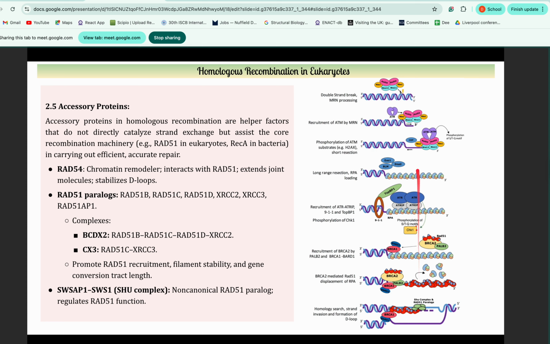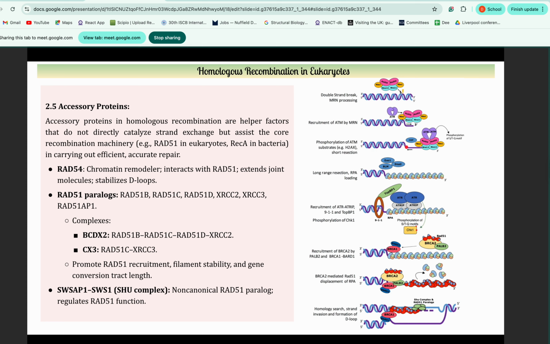Okay, so this is the entire pathway of double strand break repair by homologous recombination, which we have seen so far, and how it starts with, first of all, recognition of the double strand break by MRN, then it will recruit ATM kinases, which will phosphorylate that site and send the signal so that other proteins can come.